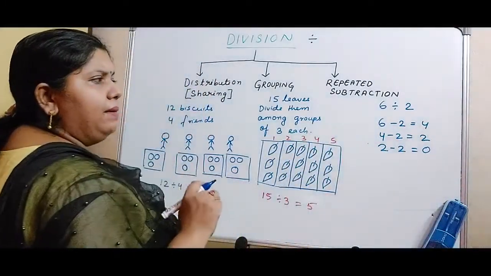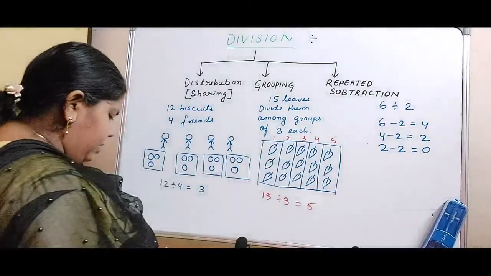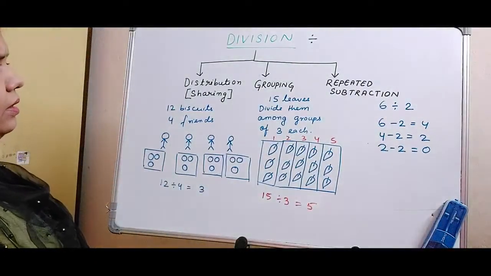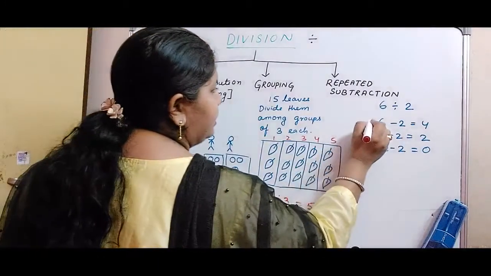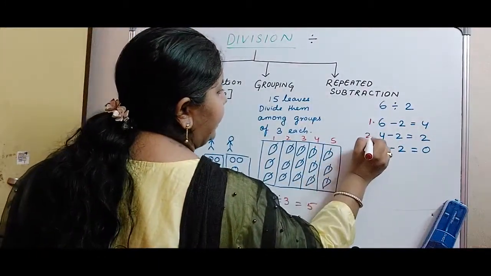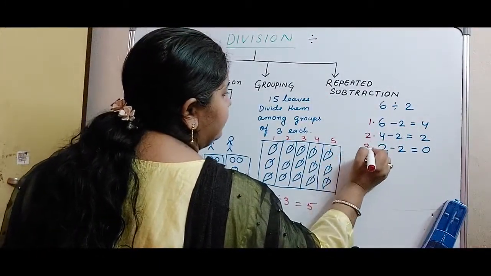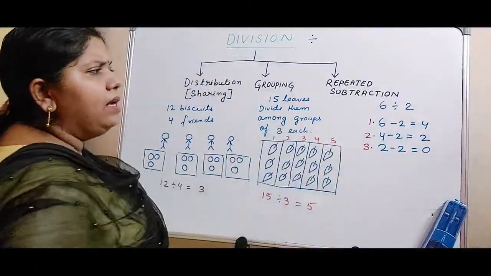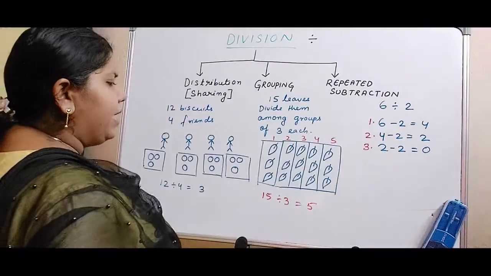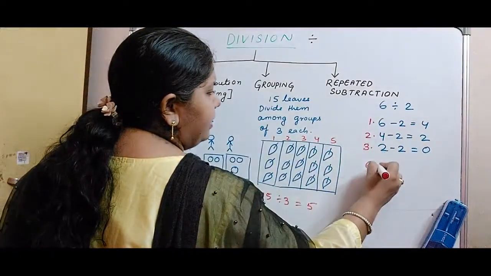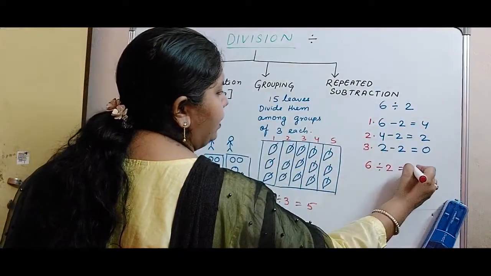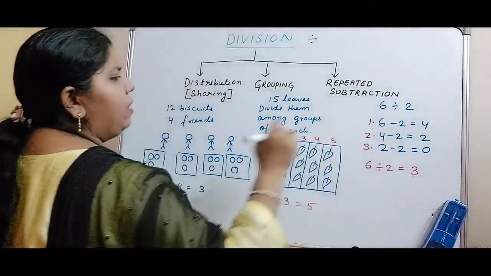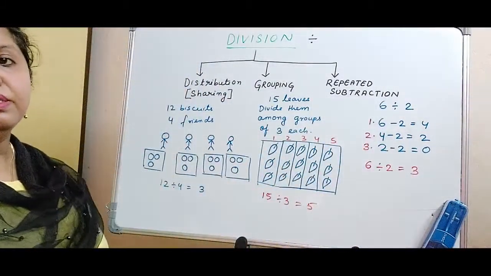Now how many times have we done subtraction? Let us count that. This is the first time, this is the second time, and this is the third time. So altogether 3 times we have done the subtraction. So we can write the answer here: 6 divided by 2 is equal to 3. 3 is the number of times we have repeated the subtraction.